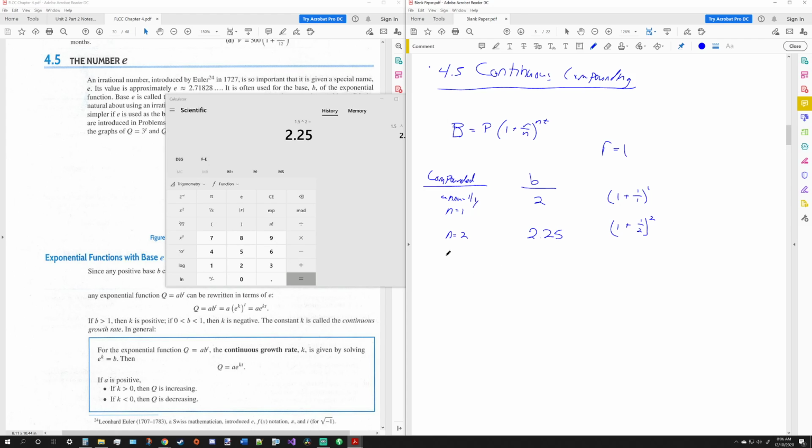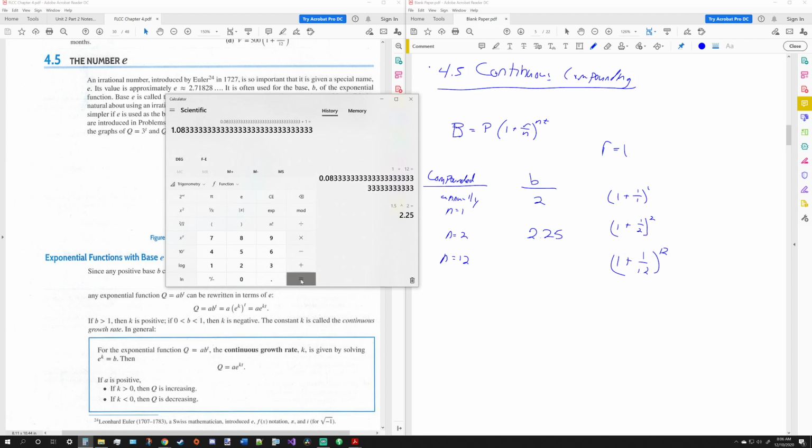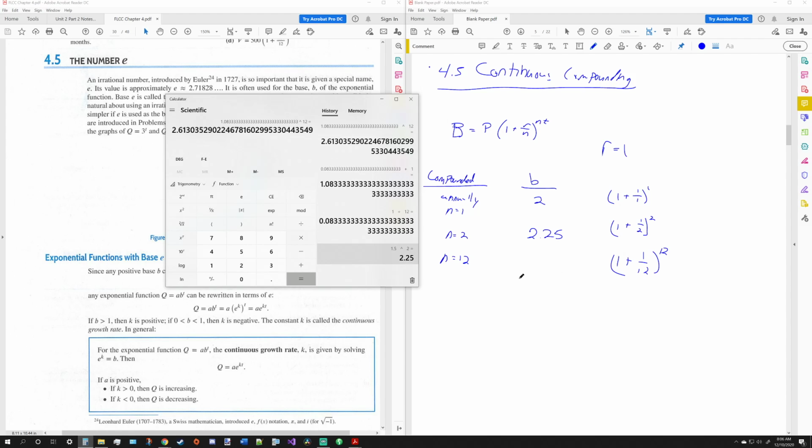Okay, so how about if we do this monthly? N equals 12. Well, we'd have 1 plus 1 over 12 raised to the 12. So if I do that on my calculator, I end up with this long decimal of 2.613035529 and so on.